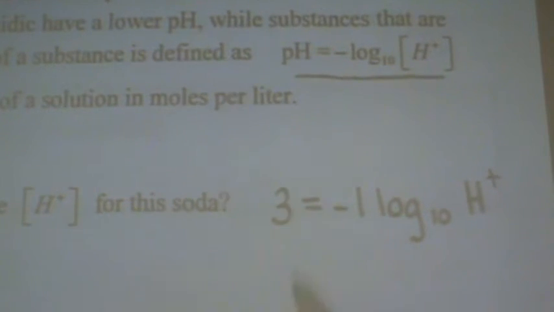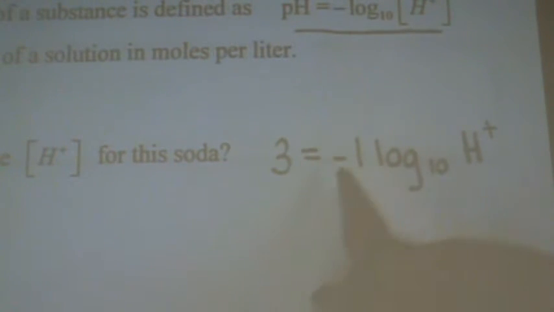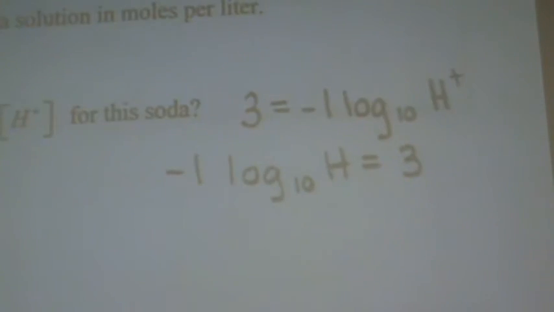Now, I'm gonna rewrite this, so this is on the left side, -1 times the log. I'm gonna write it like that. Now see that -1? If you had an equation and you had -1 times something, how could you get rid of that -1?